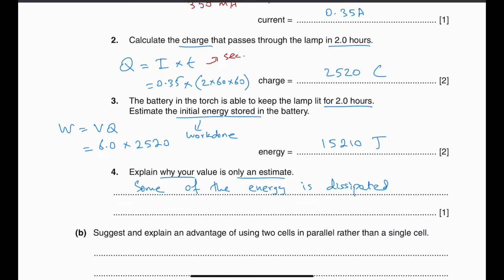By dissipated, I just simply mean that the energy is spread out or lost as heat in the battery. You have to mention that this energy is being wasted inside the battery. You can't say it is wasted as heat in the torch, because then you would be saying that the torch is getting the energy, and that wouldn't make this answer correct.